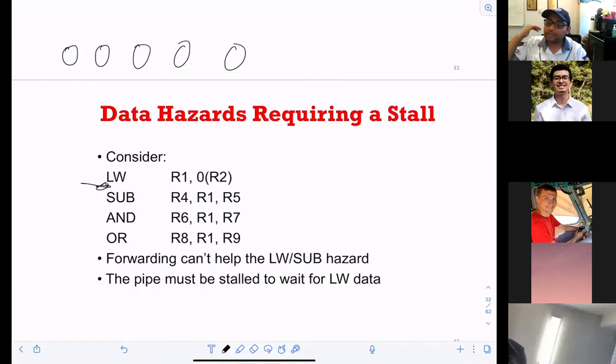So forwarding is a solution, but it's not an ultimate solution, because it's not solving the need I have. Even though I'm forwarding backward from one stage to another, there are points where I have to wait 1 or 2 cycles until I receive the right data, right? So forwarding is a solution, but not an ultimate one, while the best solution you can have is to restructure or schedule the instructions in software.